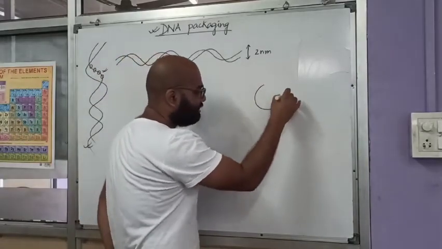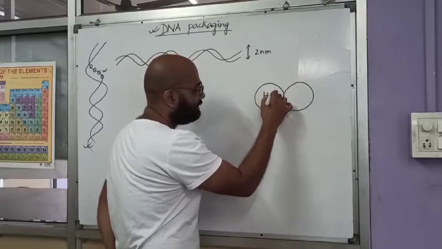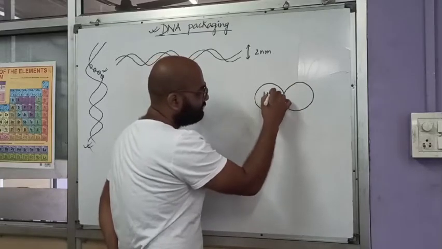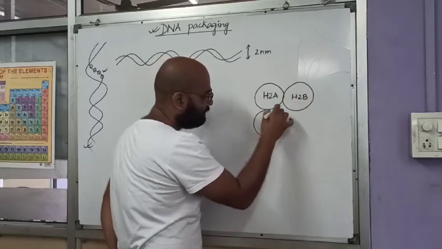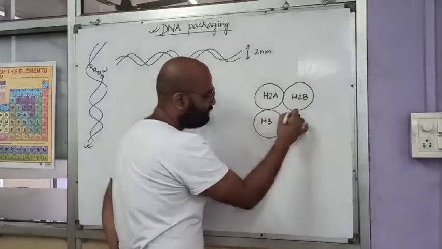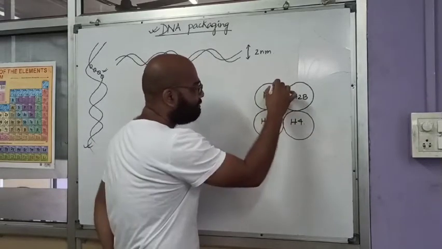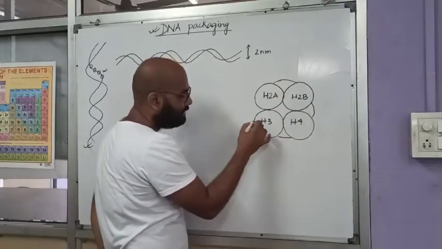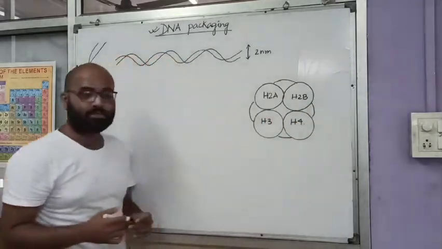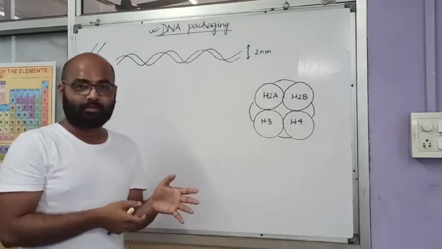We have a few different types of histones, like H2A, H2B, H3 and H4. Imagine there are 8 cue balls, 4 at the front and 4 at the back.